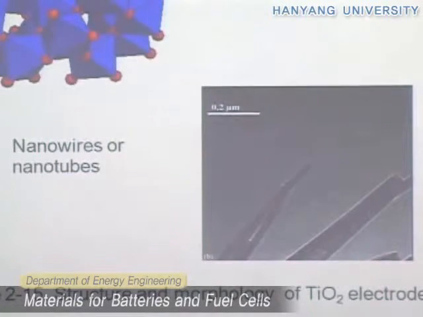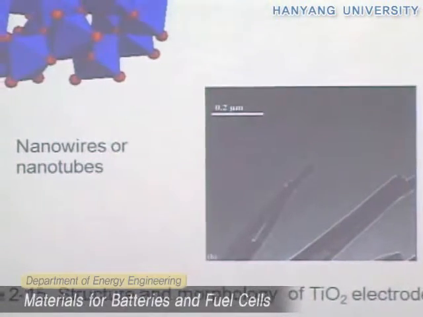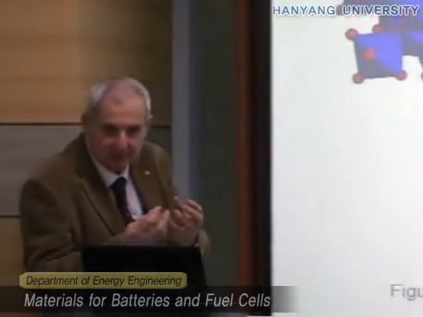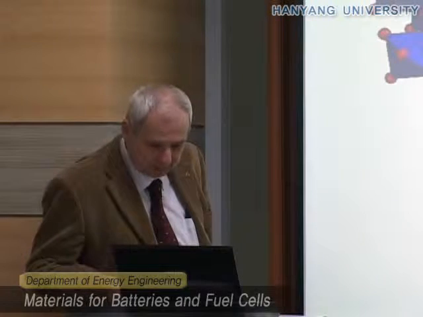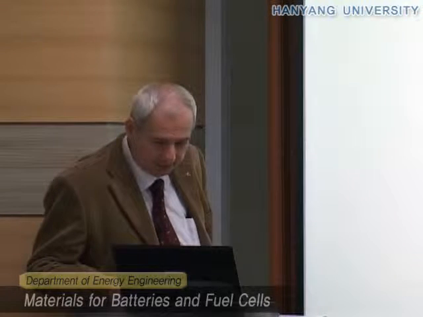You can imagine the surface has a lot of these wires, like a brush, but with a lot of wires. So the reactivity increases also. So if the nanostructures give you some advantage in rates, they may be unwanted because they can produce some problems in safety. But we'll discuss this later.